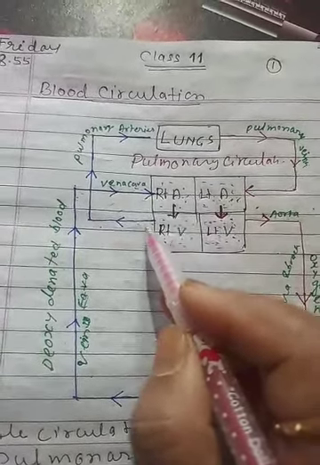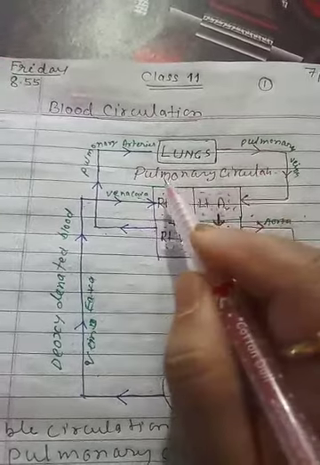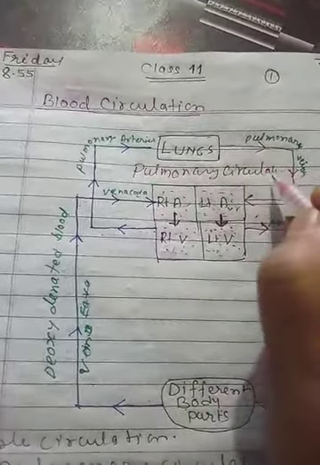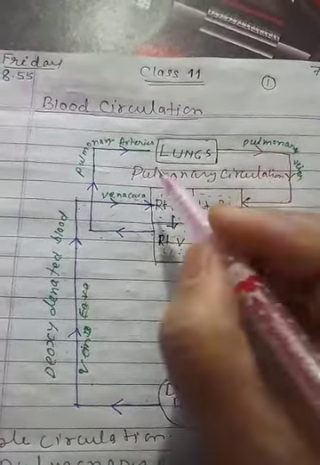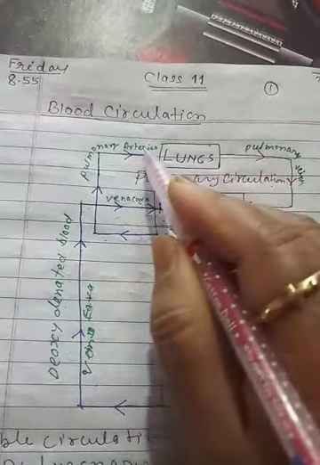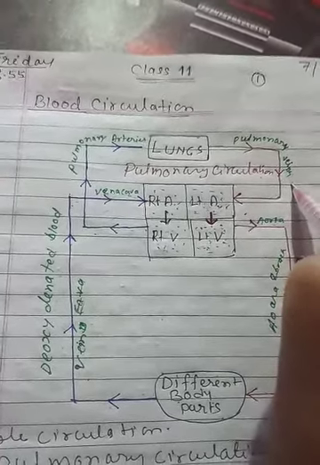Blood from the heart to the lungs and from lungs to the heart. Why is the name given here pulmonary circulation? Can you tell me? Because this circulation is conducted by pulmonary arteries and pulmonary veins. Clear?